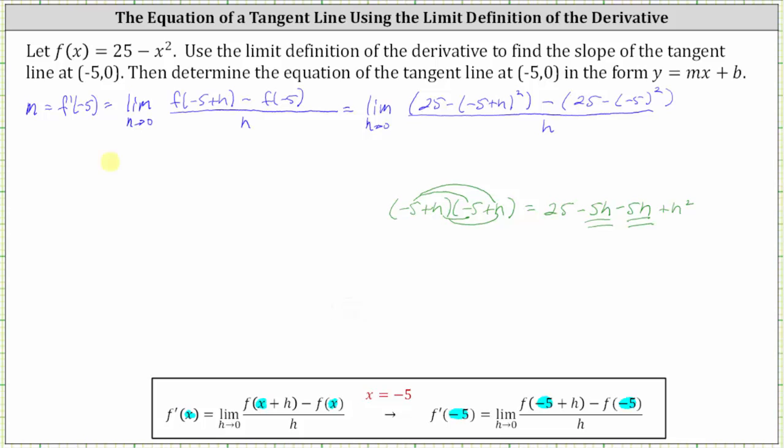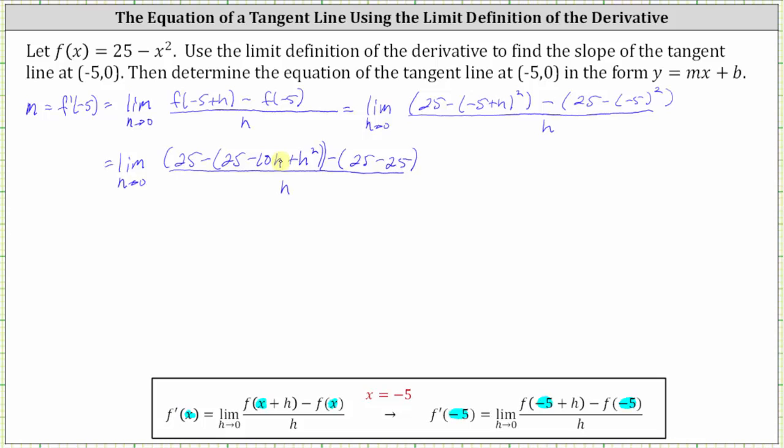So going back to the limit, in the numerator we now have 25 minus, in parentheses, the square of negative 5 plus h, which we now know is 25 minus 10h plus h squared. Then we still have minus the square of negative 5 is positive 25, giving us 25 minus 25. And again, this is still all over h. Now we will close the parentheses here. Because of the subtraction, we need to either subtract each term or think of distributing a negative 1.